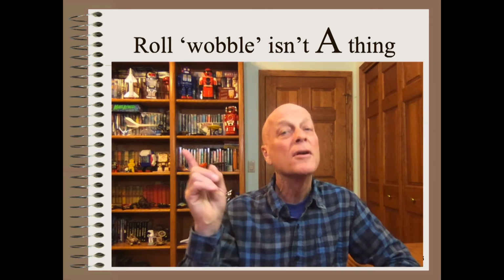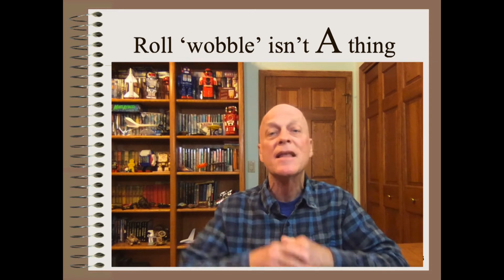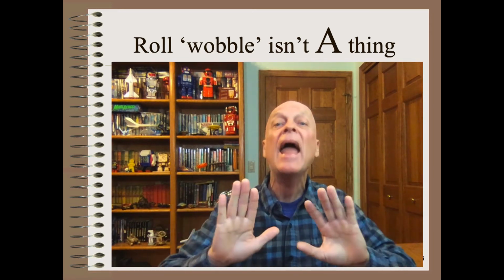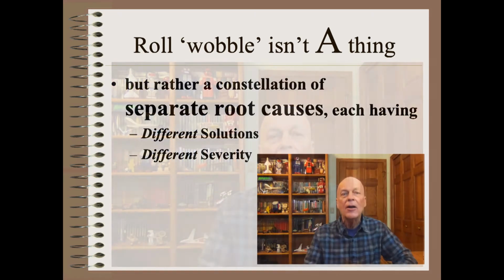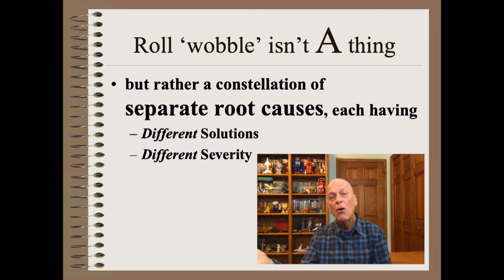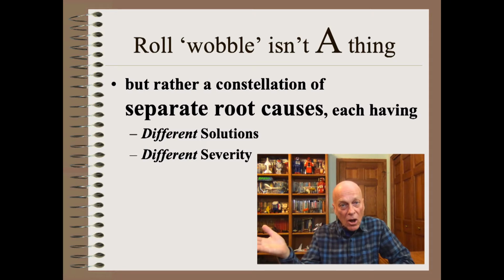The very first concept is probably the most important, and that is that roll wobble is not a thing. Rather, it is a constellation or collection of totally separate root causes. Each root cause has a different set of solutions.